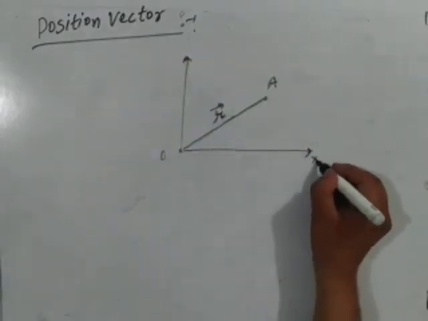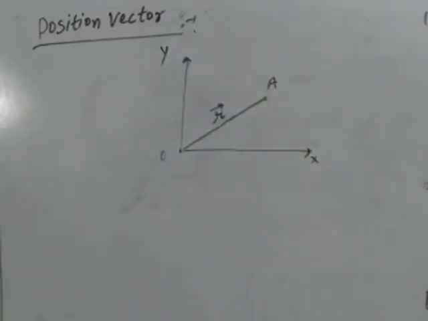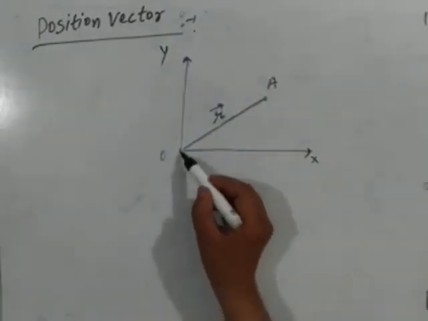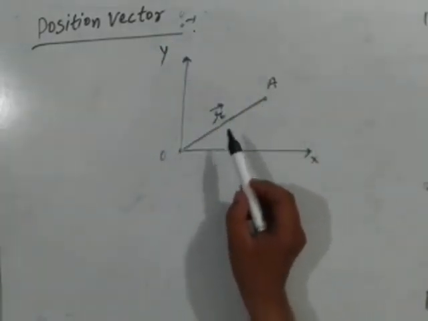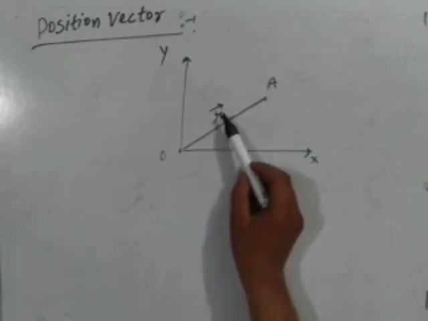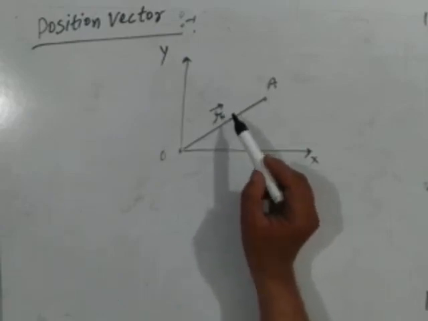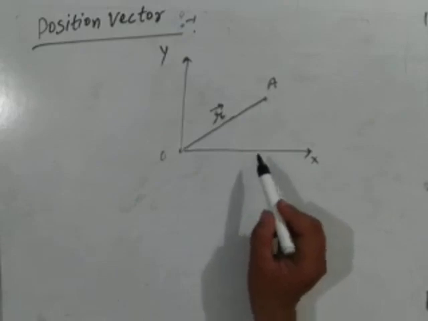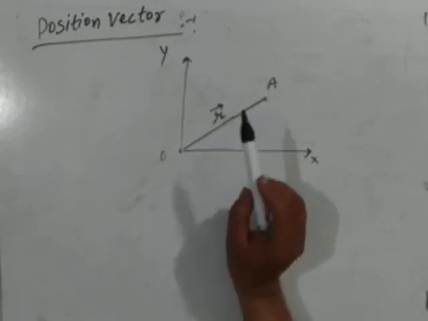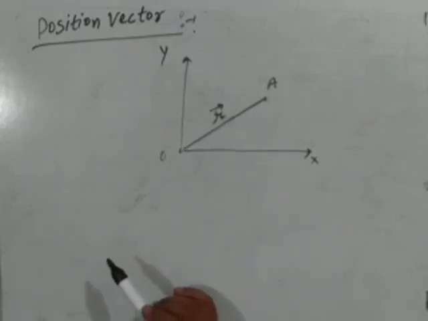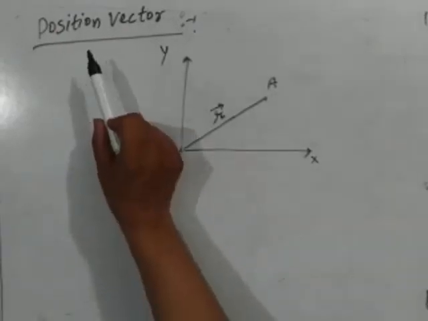We can represent it as follows. If this is the x-axis and this is the y-axis, then in two-dimensional coordinates we can write r vector equal to x i cap plus y j cap, and if we take a three-dimensional system, then we include another coordinate, that of the z-axis. So what is the position vector?